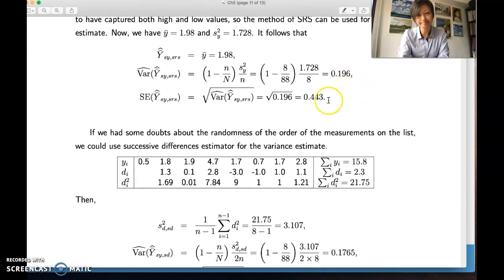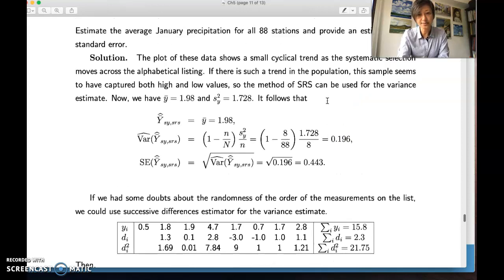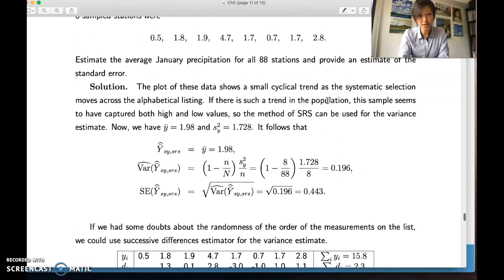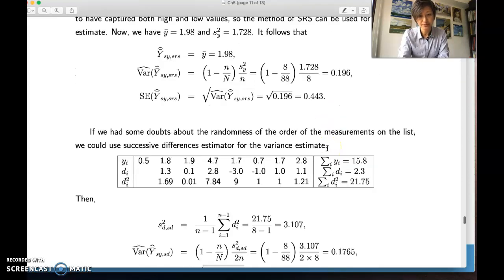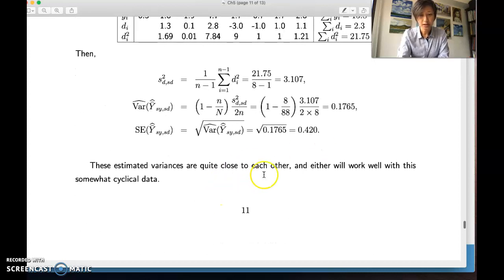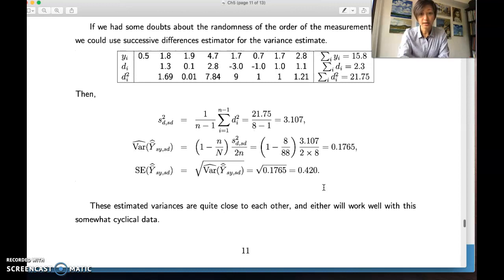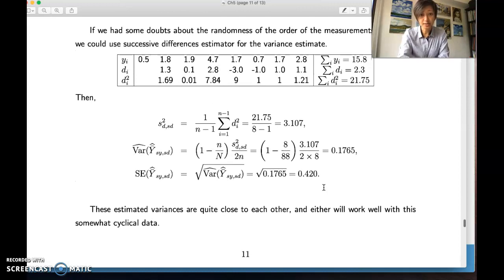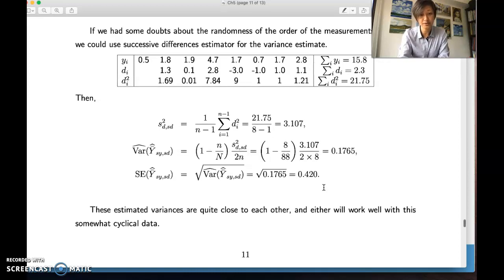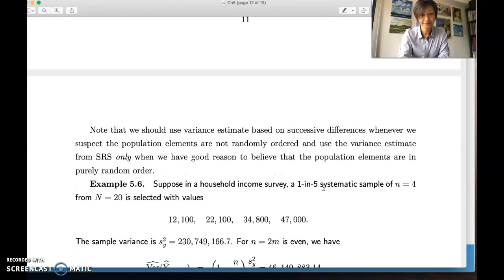So we can say that we do not see a substantial reduction in the variance estimate. So we can say that it worked well if we use an SRS estimator as well as the differences method, even though we doubted or thought there would be a cyclical data pattern.